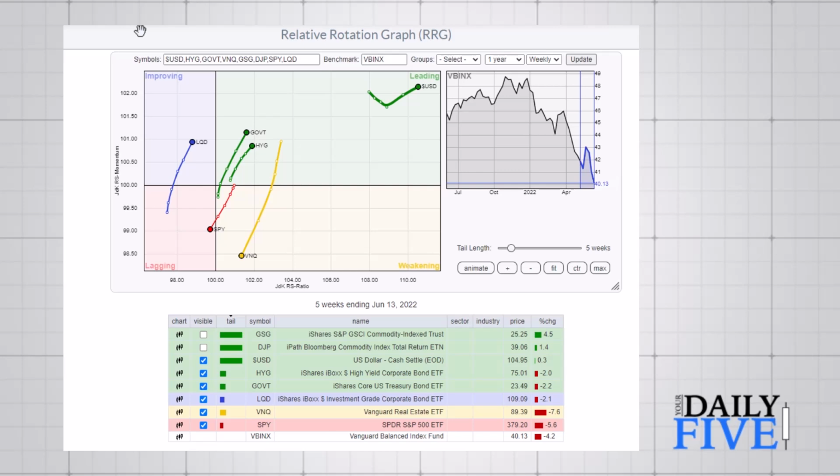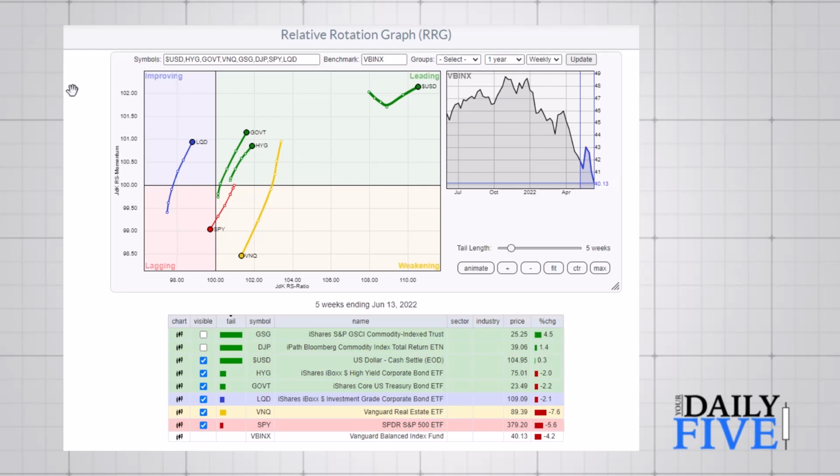And the second observation, the second theme that we can take from this chart is the still risk-off constellation. If you look at the tails for SPY and VNQ, you can see that they are traveling at a negative RRG heading.